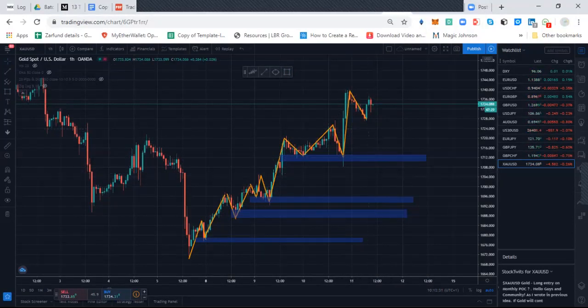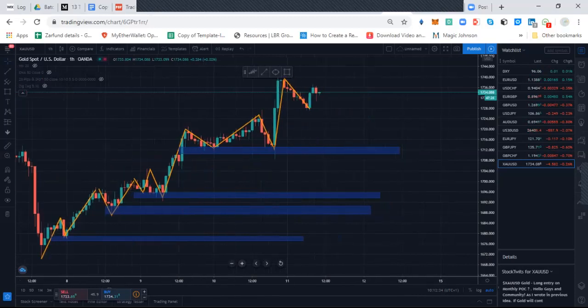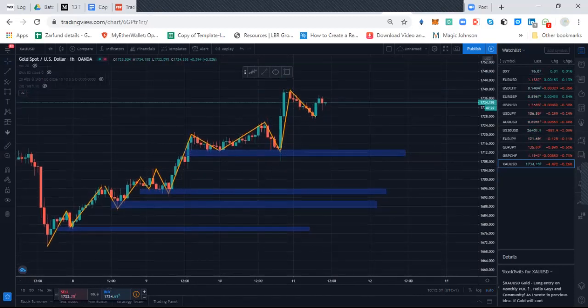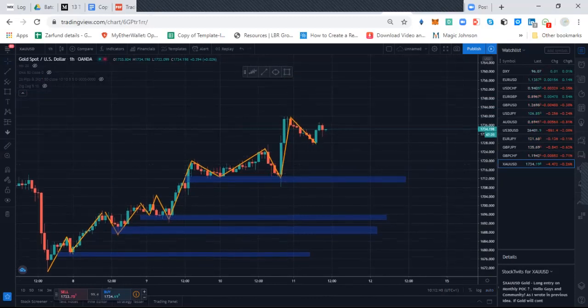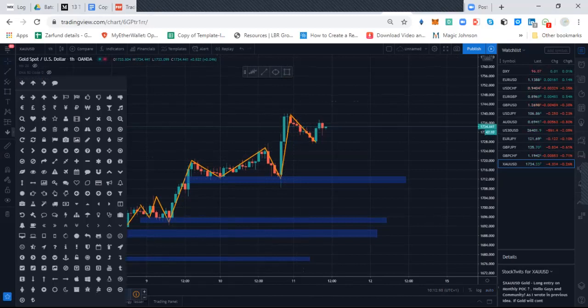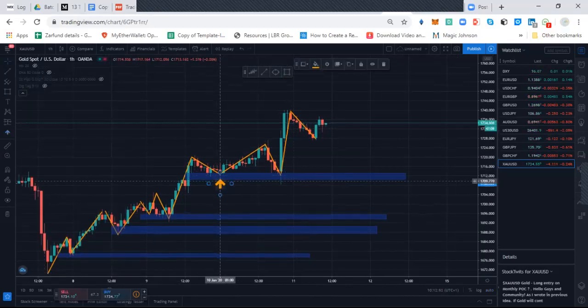It pulled up to this same point and came to the same structure we saw before and moved up. This was a huge move. This would have been a buy opportunity here.